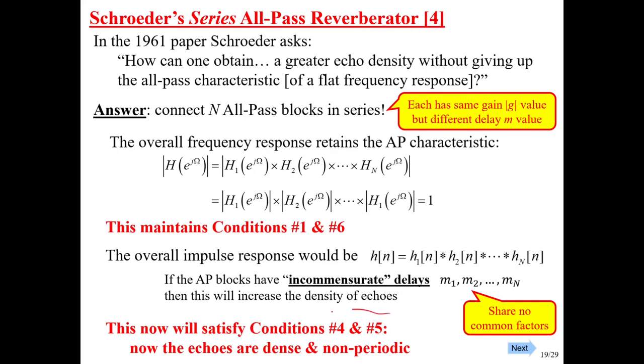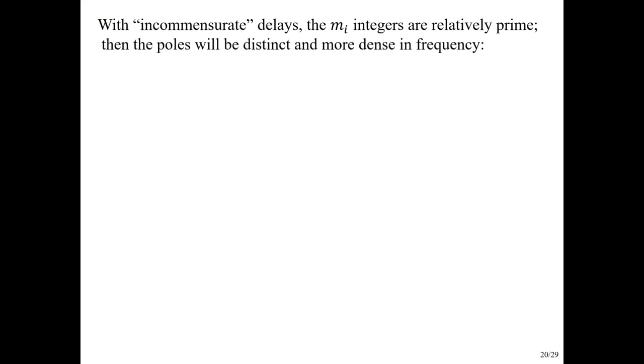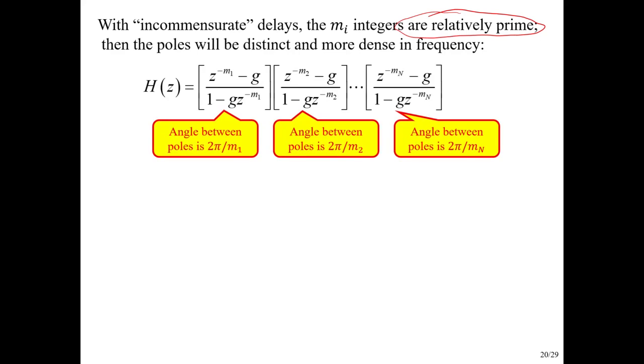So we're on our way to satisfying conditions 4 and 5. So if we do pick these m sub i's to be incommensurate, or a more precise way to say it, relatively prime, they share no common factors, then the poles will also be distinct and more dense in frequency. So if we look at the angle of these poles, they're going to be spaced 2 pi over m1, and these are going to be spaced 2 pi over m2, and these are going to be spaced 2 pi over mn.